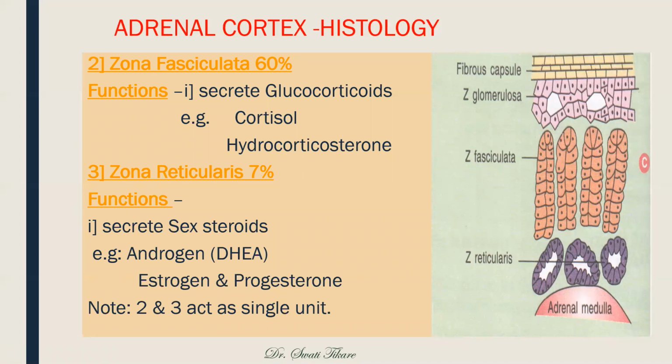Coming to the zona reticularis, it constitutes 7%. Its function is to secrete sex steroids, that is androgen, and to a small extent estrogen and progesterone. The major sex steroids are actually secreted by the ovary and the testis, and these adrenal sex steroid hormones have minor effects unless they are produced in excess due to some abnormality.